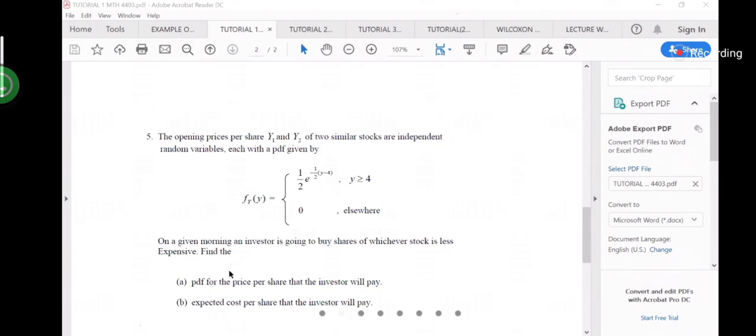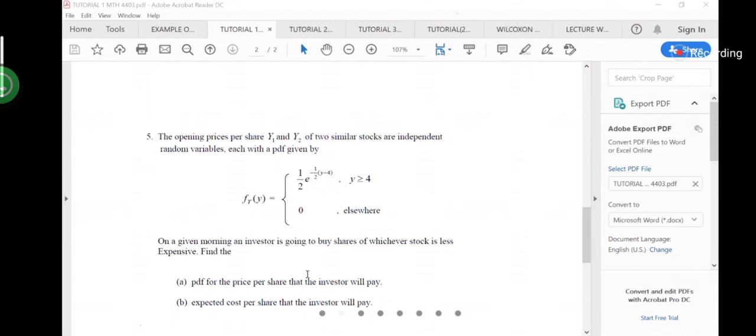I use the symbol U as an order statistic, U1, U2, dot, dot, UN. Then the PDF for the price per share, probability of U equal to.